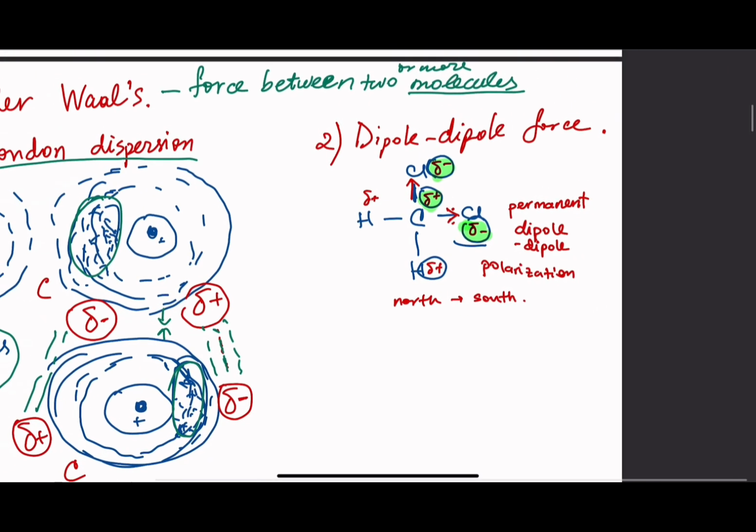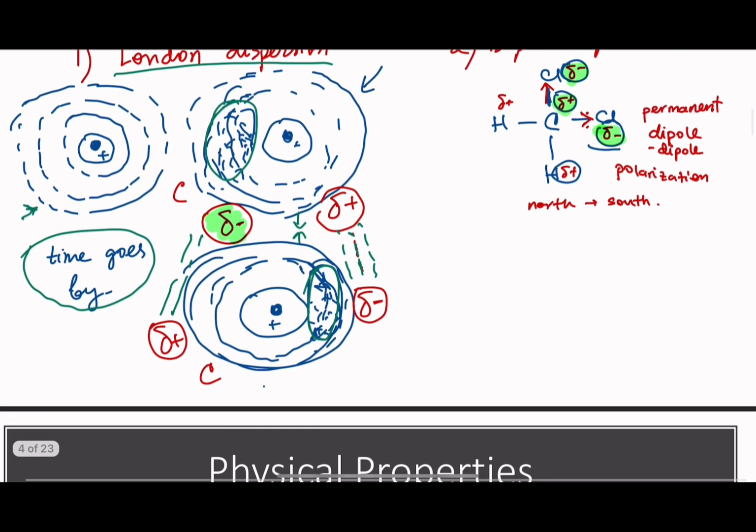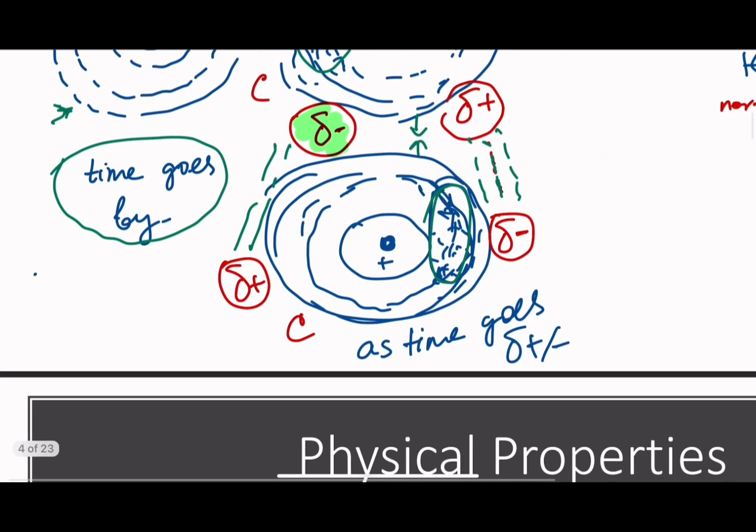The difference with London dispersion is that this negative charge in here might change its place. It can go in this direction, it can go in this direction. As time goes by, these charges change in London dispersion. That's why these are called instantaneous, meaning it is momentary.